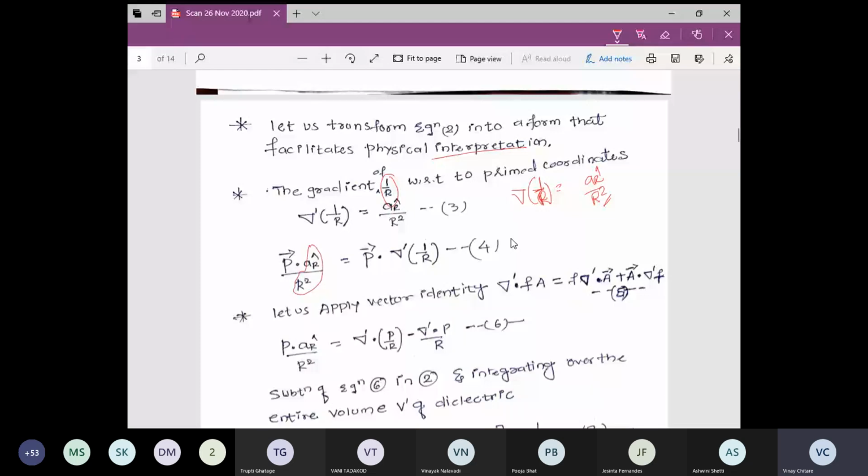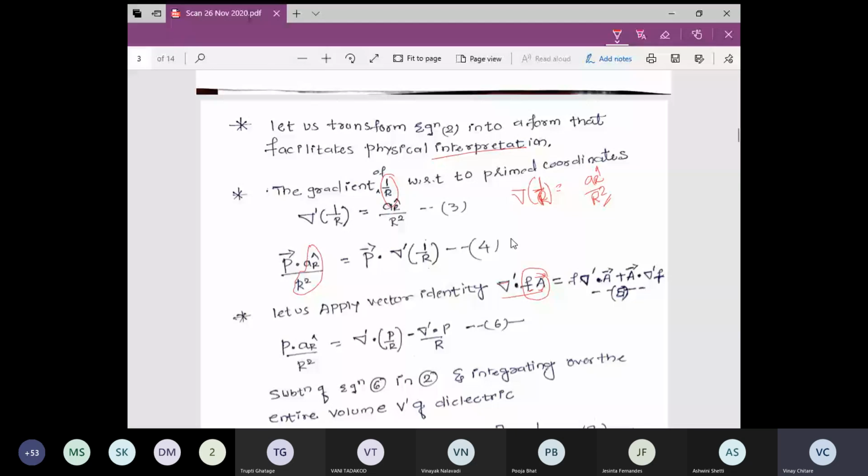Next we have a vector identity, which is also called the product rule. It is the divergence of two functions, where A is a vector and f is a scalar function.